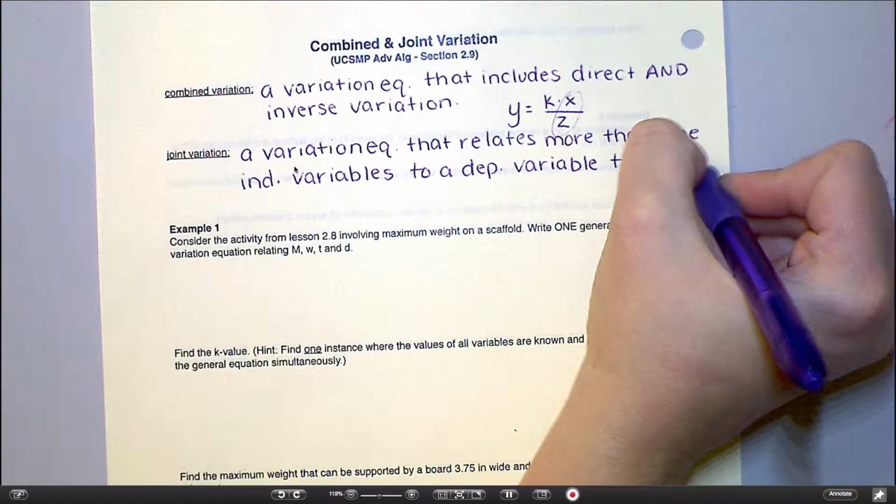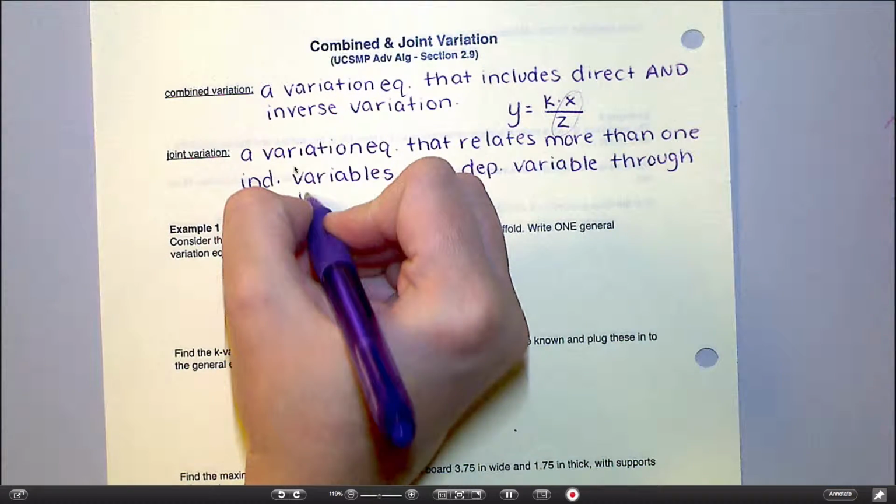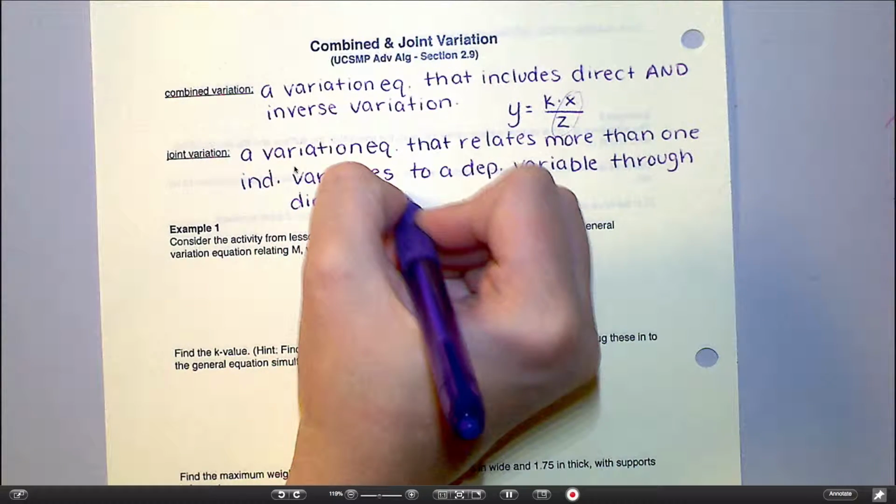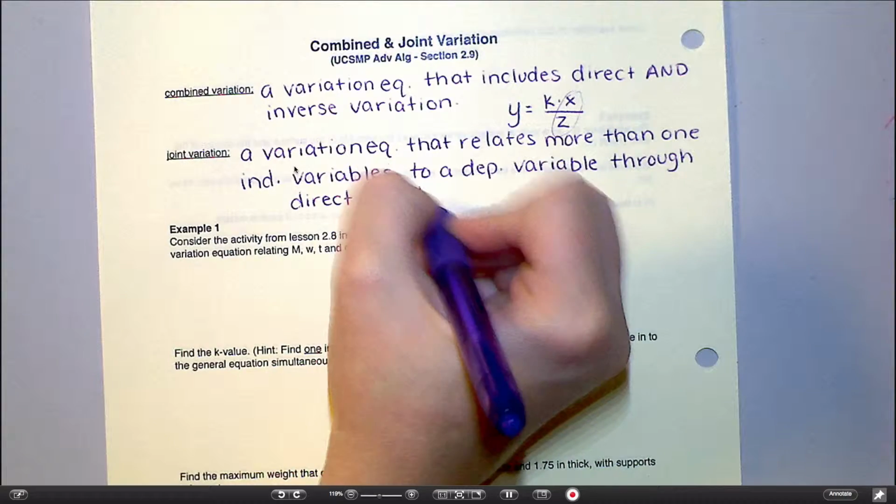And that's really the big key here: for it to be considered joint variation, it's all direct, okay? But there's still more than one variable.